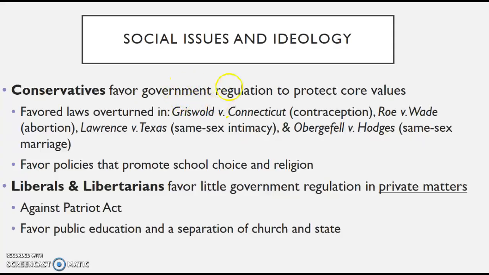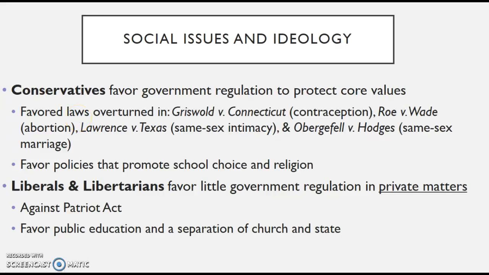So they favored laws that were, in their case, unfortunately for them, overturned in things such as contraception. Contraception actually was once illegal. Abortion was once illegal. Same-sex intimacy was once illegal. Same-sex marriage was once illegal. They favored those laws that were once overturned.